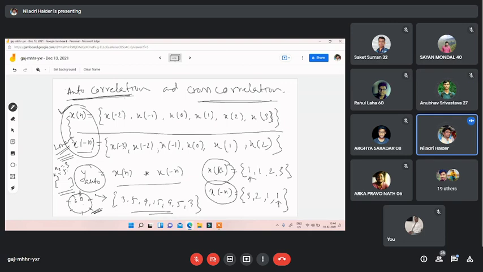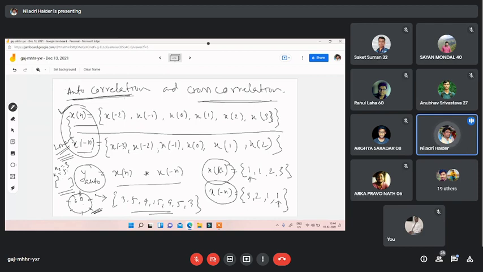Okay. So this is your autocorrelation. Simply, from x[n], calculate x[-n], do the linear convolution between x[n] and x[-n], and you will get your autocorrelated value. For cross correlation, what will happen?